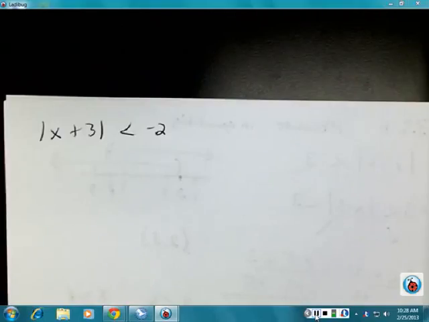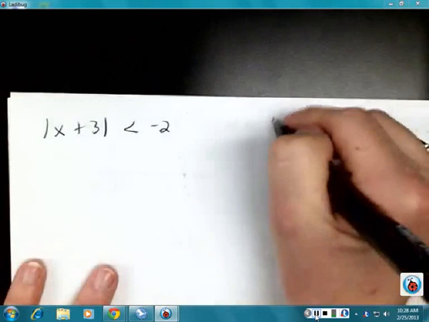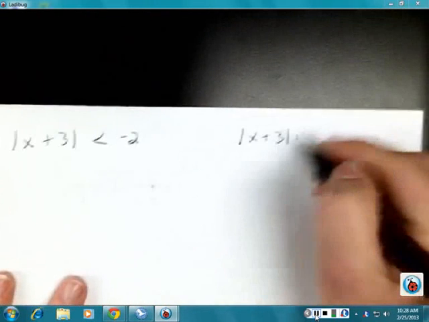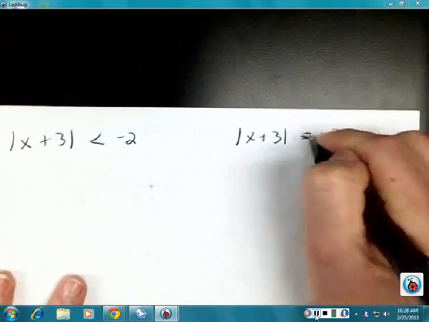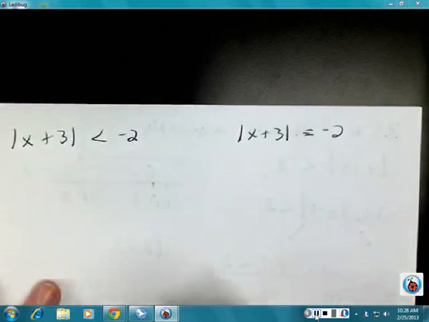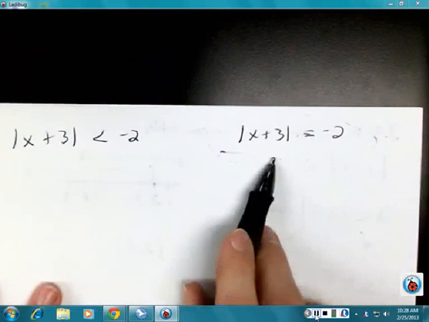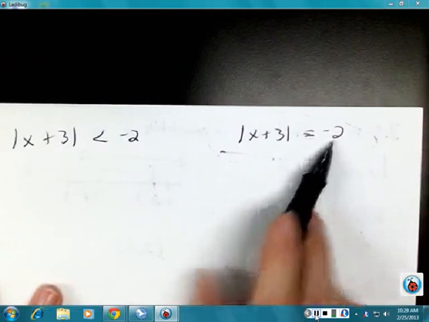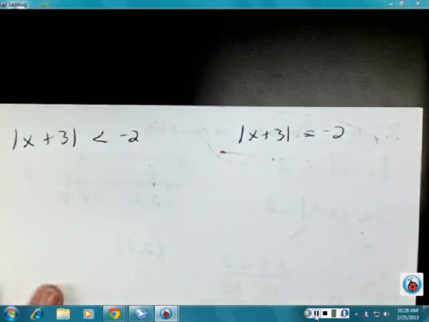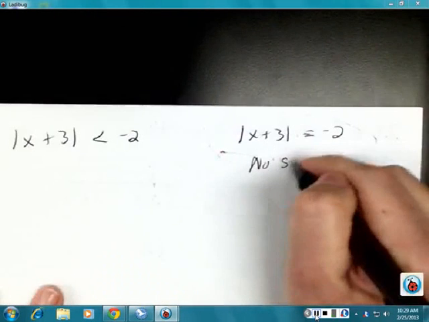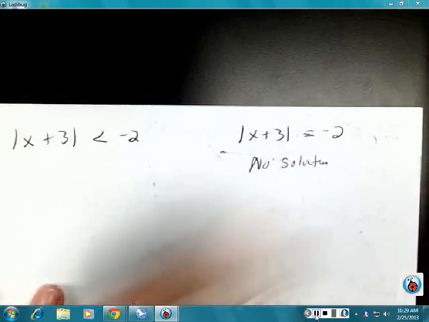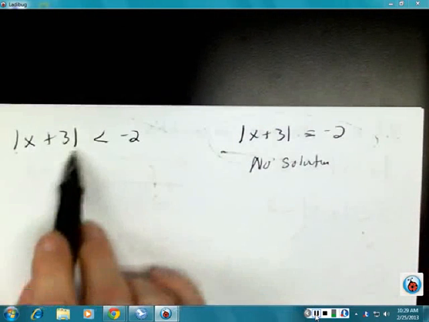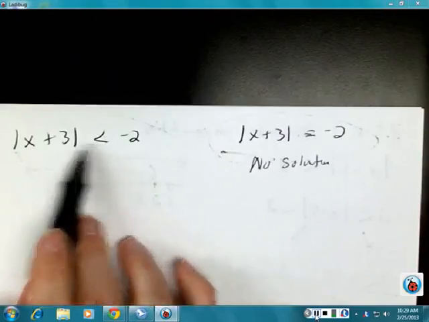When we had the absolute of x plus 3 equals a negative 2, what did we say happened to that one? If I had this, if x plus 3 inside absolutes was equal to a negative 2, what did I say about it? It's a no solution. What about this one? Is there anything I can put in here that's going to make this side less than a negative 2?